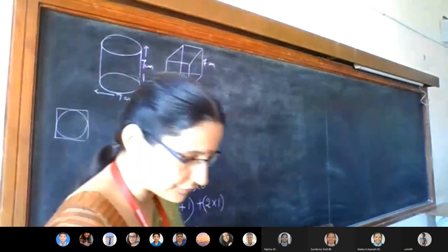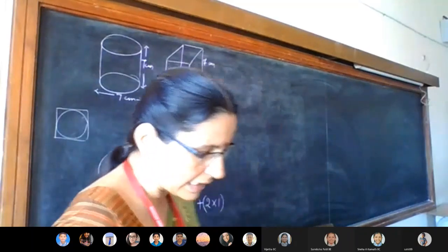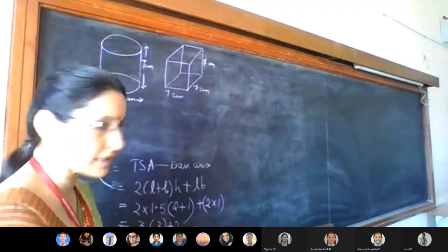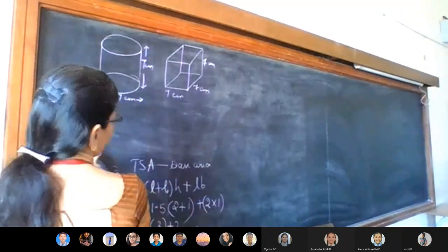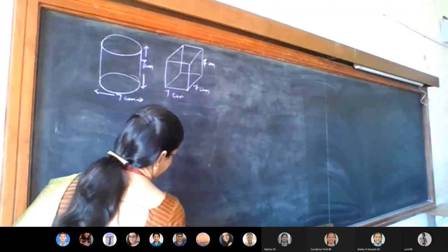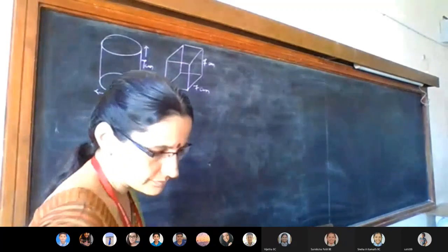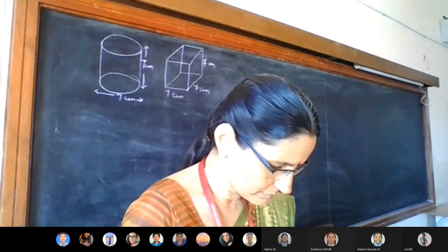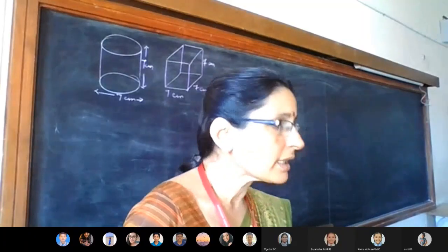They have told us that we have to find the LSA. You should know the formula, however. We are directly finding the LSA of the solids. How are they different?